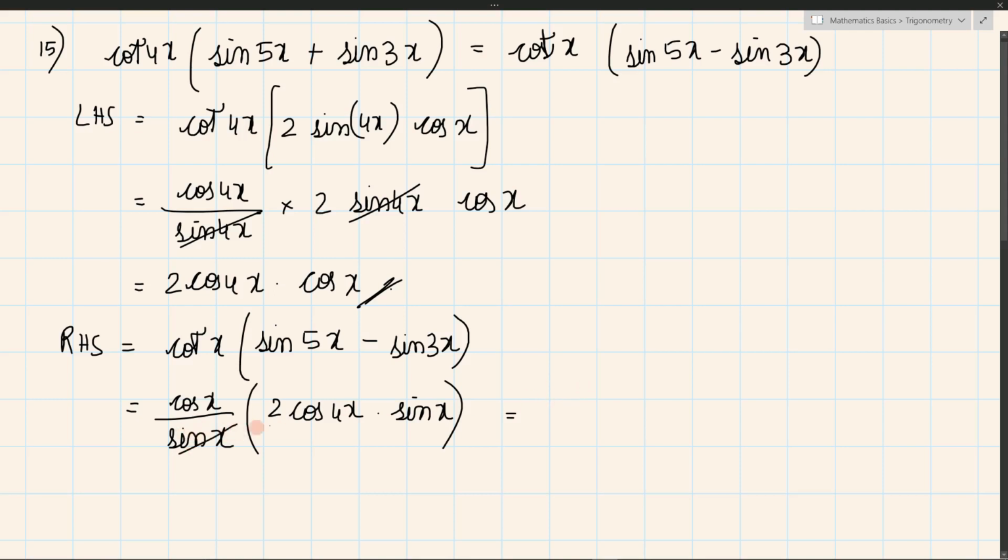Sine x and sine x are cancelled, so we have 2 cos 4x into cos x. So this term and this term are equal, therefore LHS is equal to RHS.